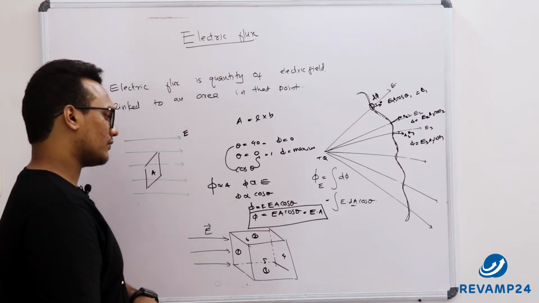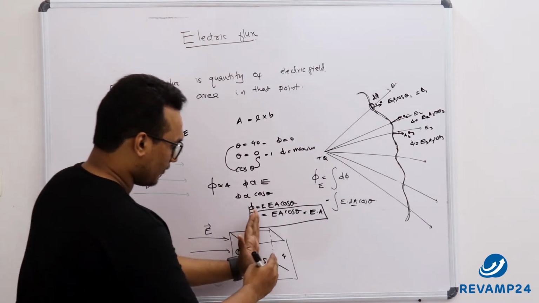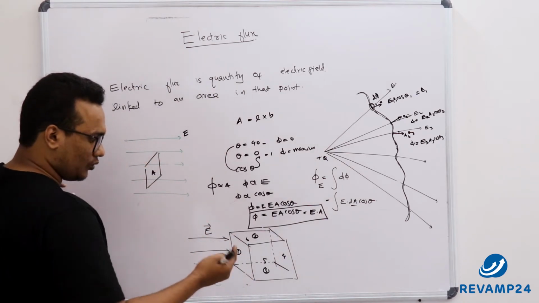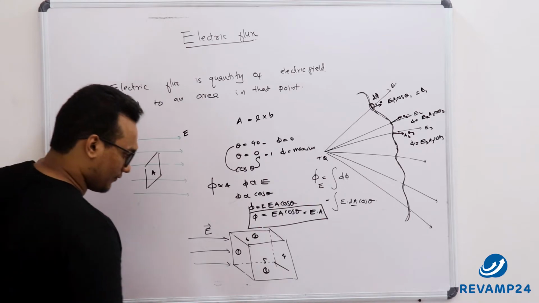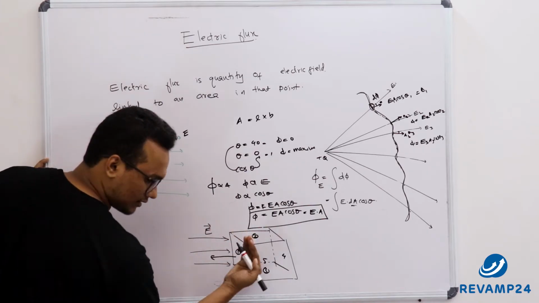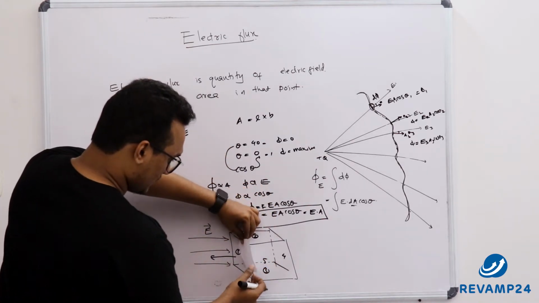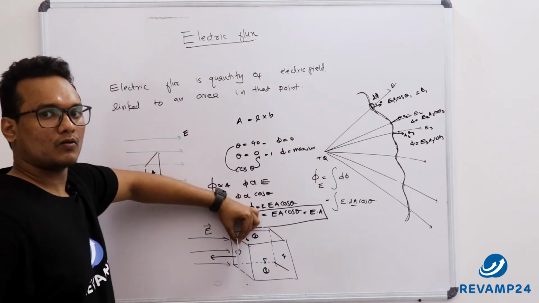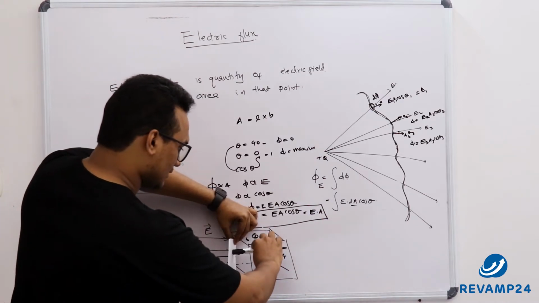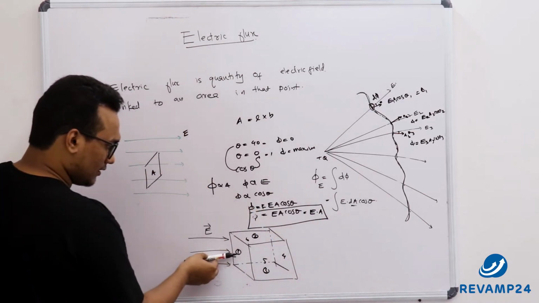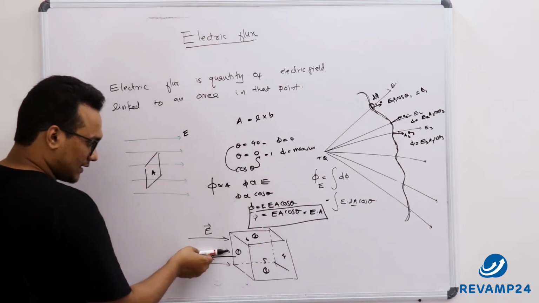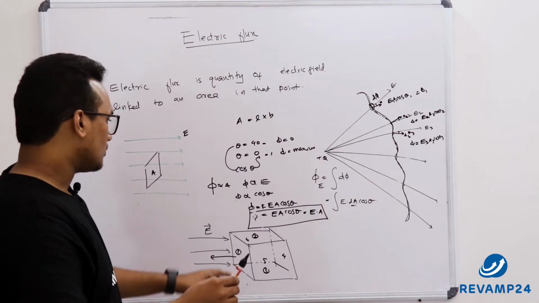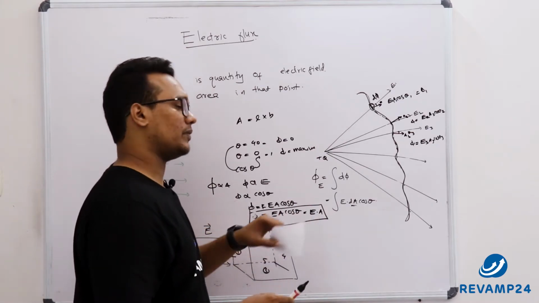Now the electric field is getting linked with all the surfaces, but here there is a problem. What will be the direction of area? See, for this plane, for this side, I have 2 perpendiculars possible for the surface. One is in this way. Now this is a perpendicular and this one is also a perpendicular. So which perpendicular do we consider? If we consider this as the perpendicular, then our area and electric field are parallel here. The angle is 0, so that will be EA cos 0, that will be EA.